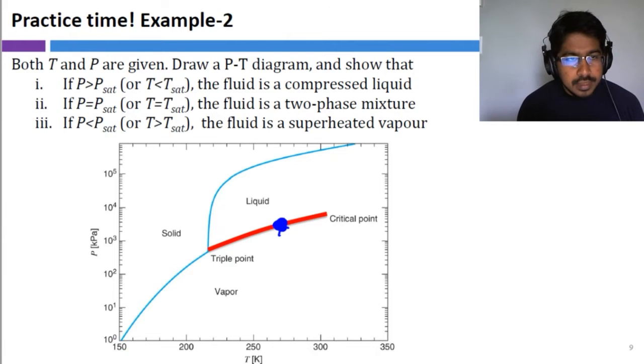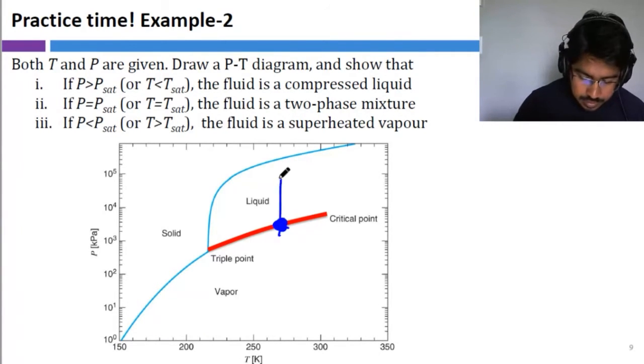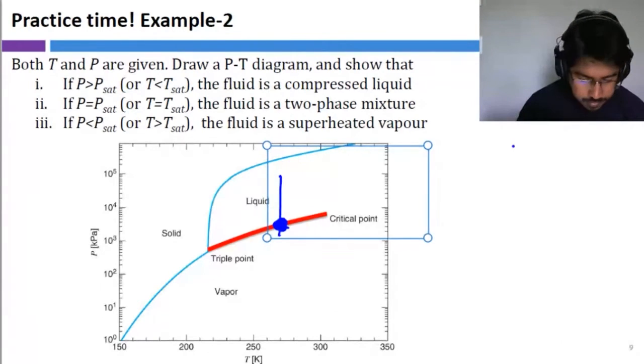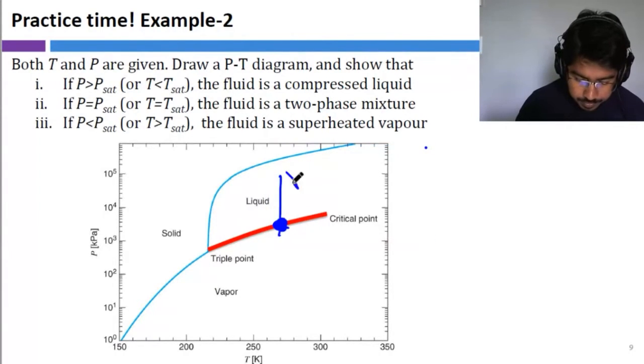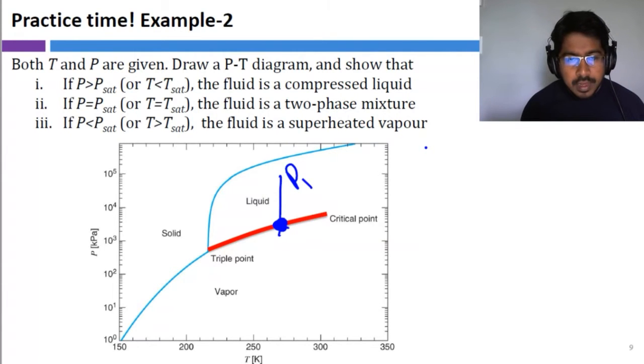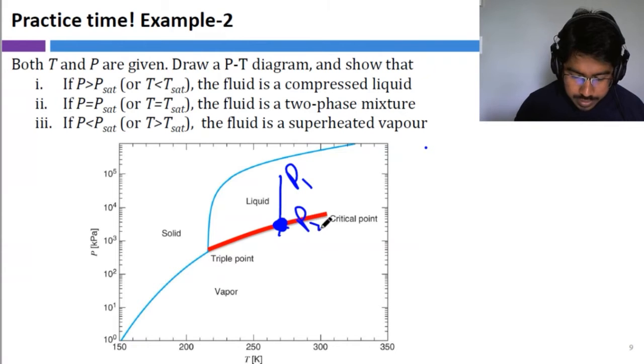Now let's go with the pressure first. If pressure is higher than Psat, that is somewhere here, right? Let's call this P1. And if pressure is equal to Psat, this is going to be on the line, that is P2, let's say.